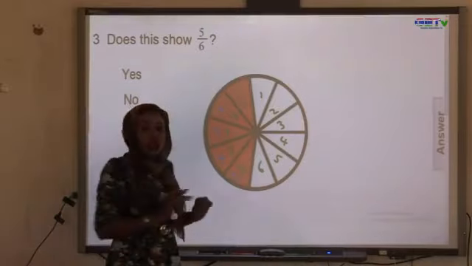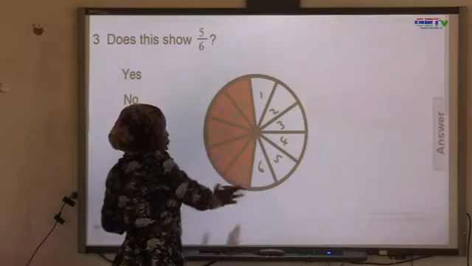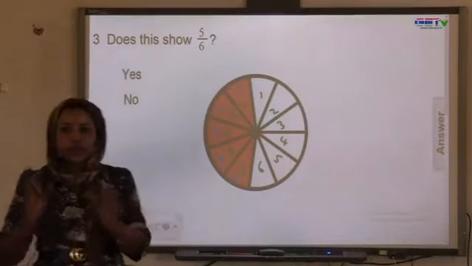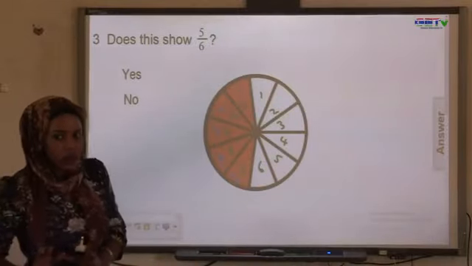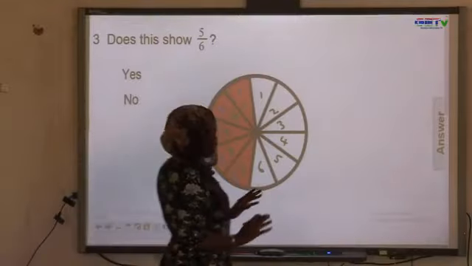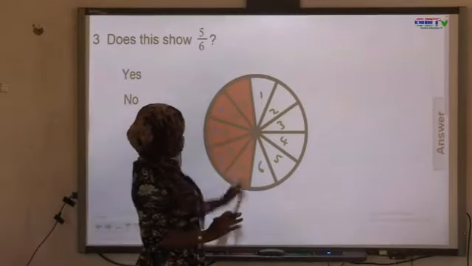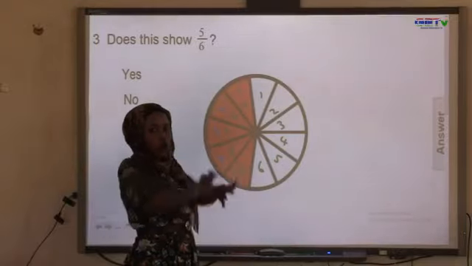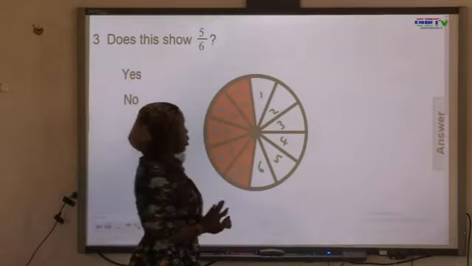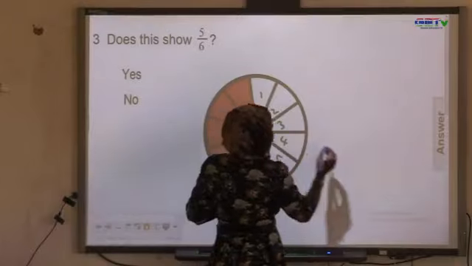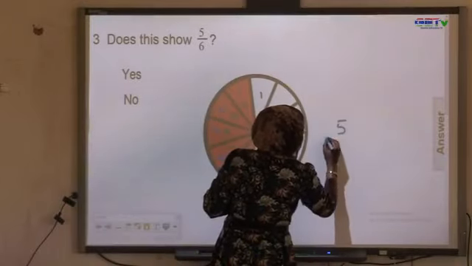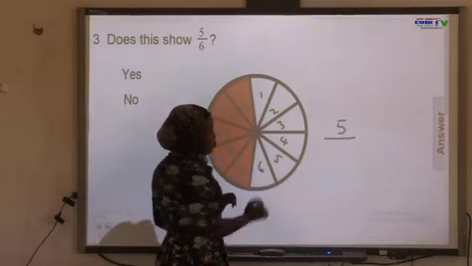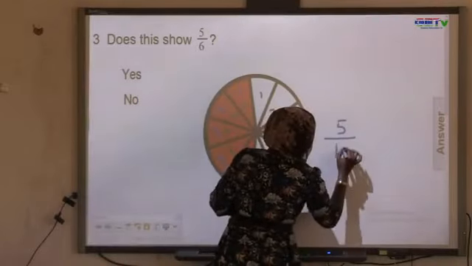Now, if we want to represent parts of the chart that are colored in red, we are going to represent it as the number of parts colored in red all over the total parts in the chart. And that is going to be 5 over the total number of parts that we have, which is 11.